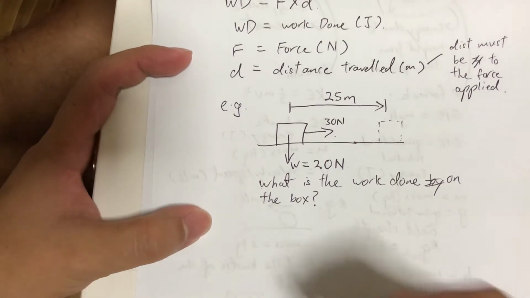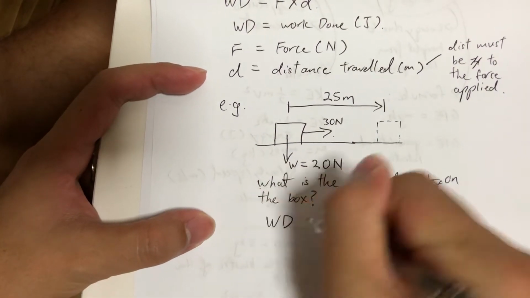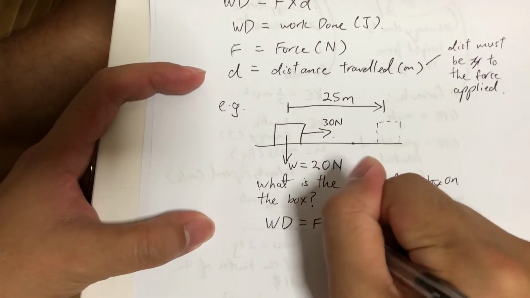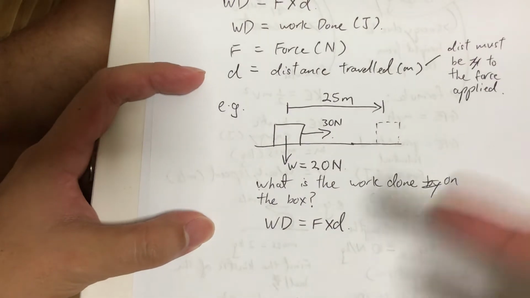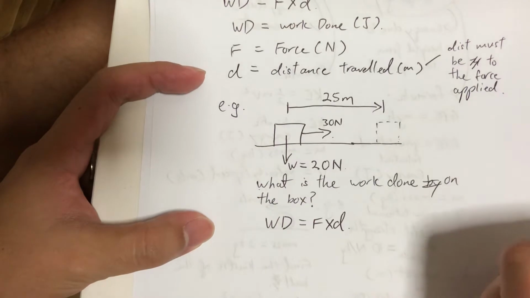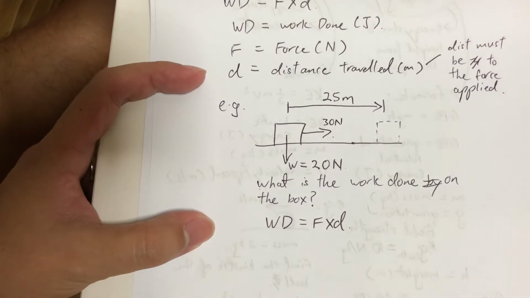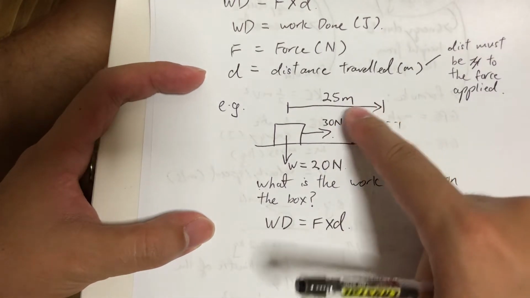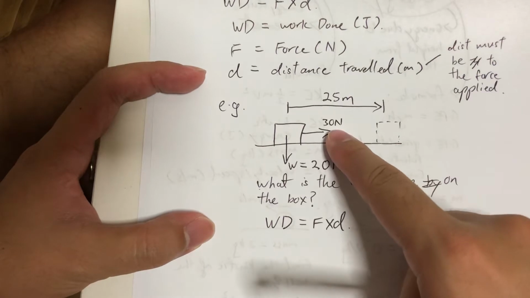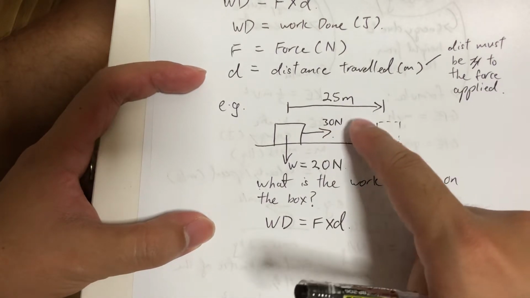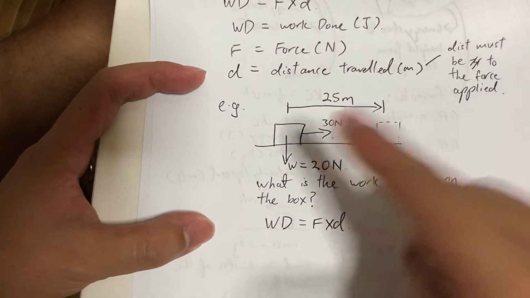For those who are ready, work done is equal to force times distance. This is our formula. But if you look at this particular question, we have two different forces. So which force are we going to use? That's right, it must be the force that is parallel to this distance. Of these two forces, only one is parallel to the distance of 25 meters, and that is the 30 newton force.